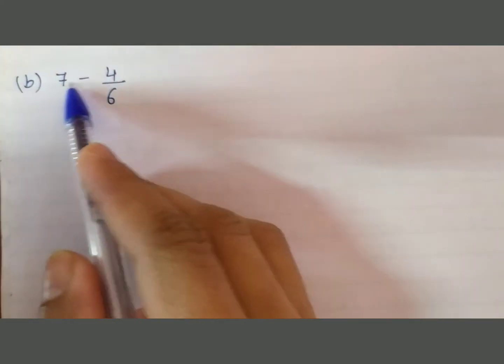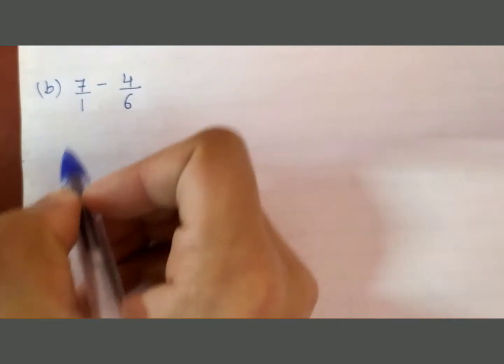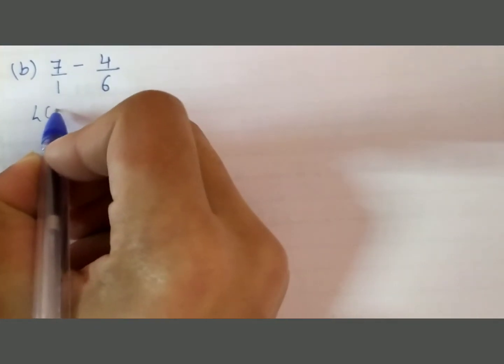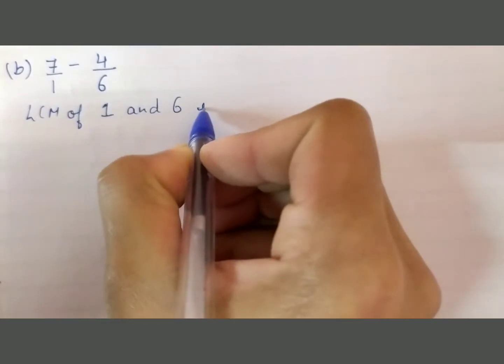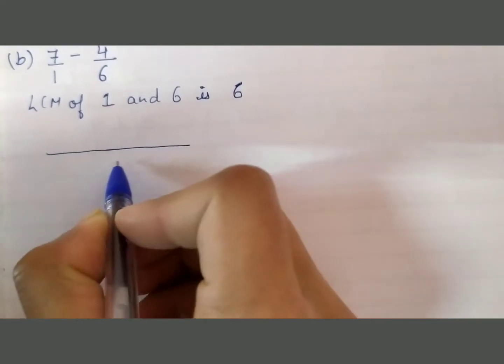Next question is 7 minus 4 upon 6. This is 7 upon 1. Write the LCM of 1 and 6 is 6. Write 6 in the denominator.